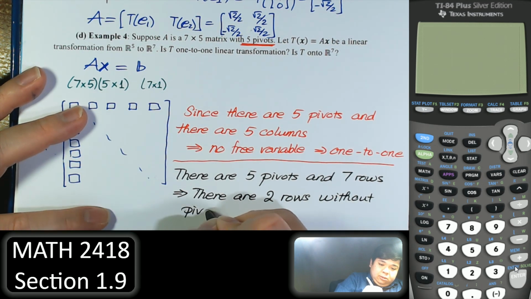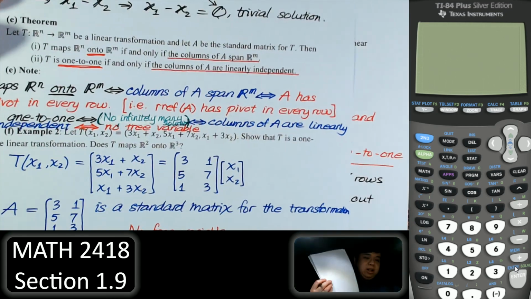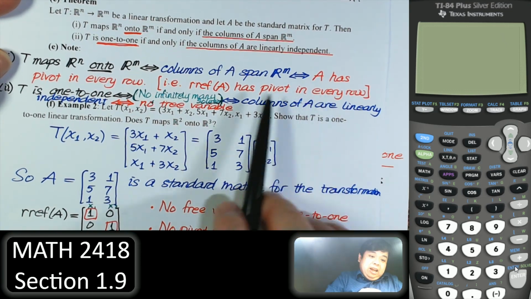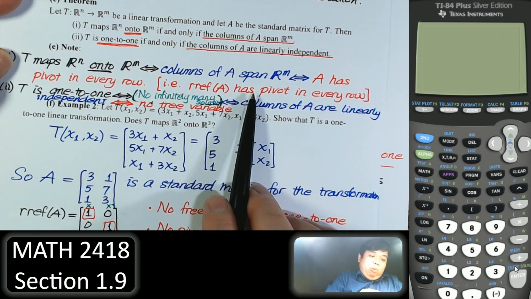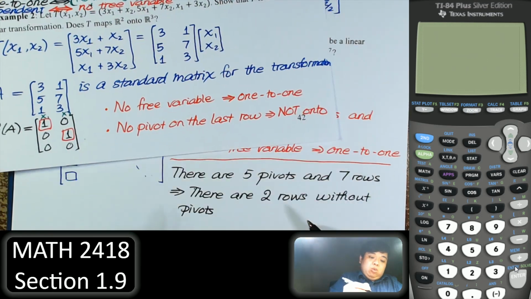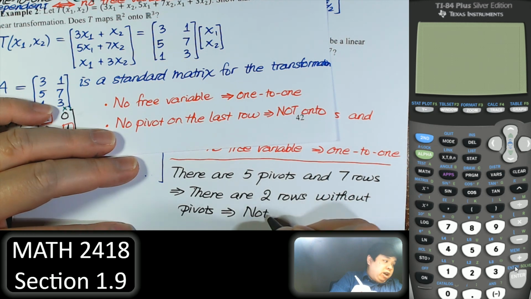And according to the note that is very important in this section, if we have a pivot on every row, that is onto. So this one is not onto, because we do not have a pivot on every row.